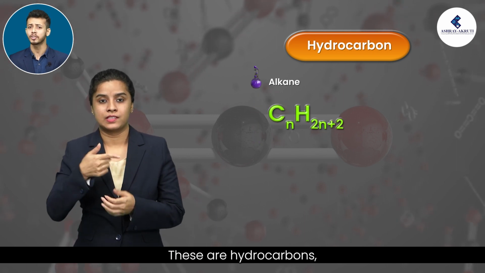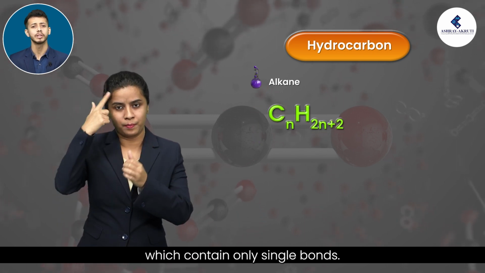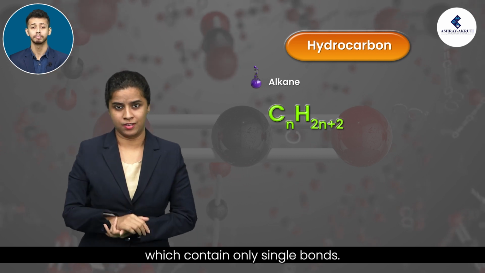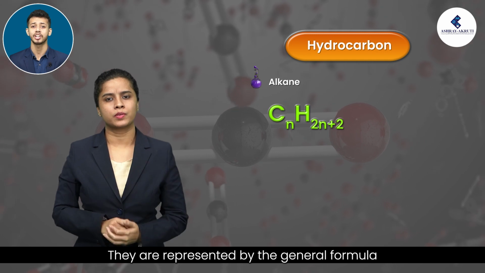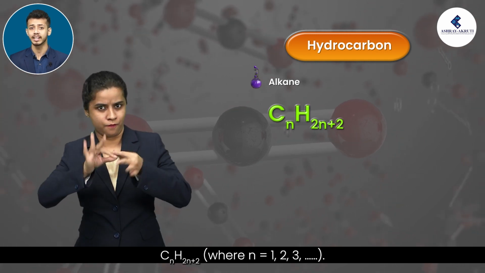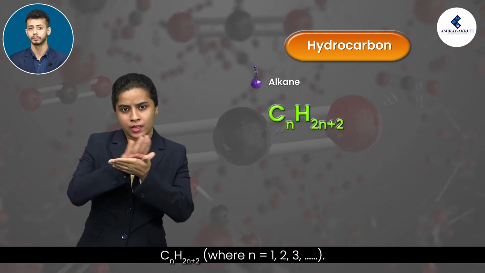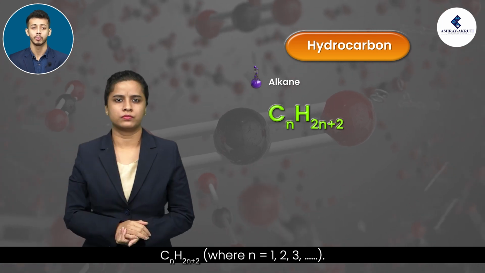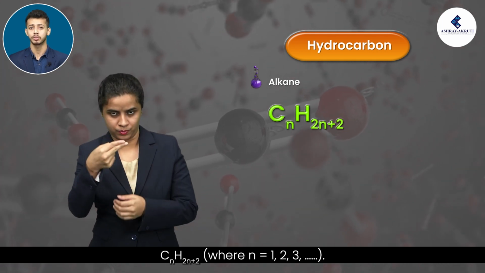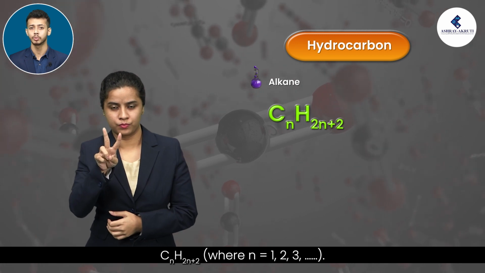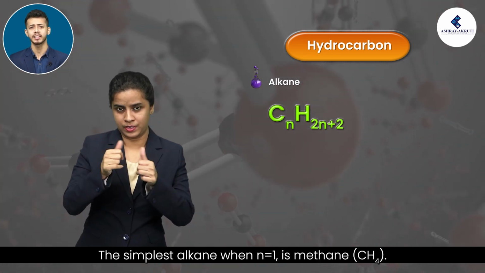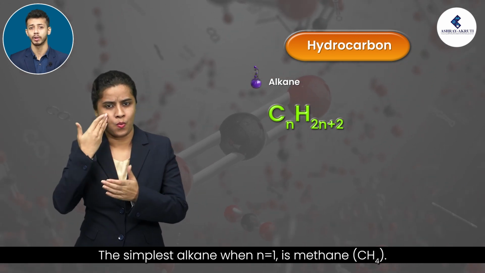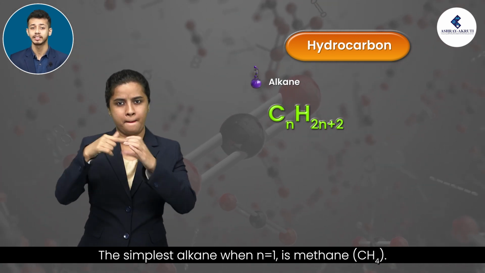Alkanes are hydrocarbons which contain only single bonds. They are represented by the general formula CnH2n+2, where n equals 1, 2, 3, and so on. The simplest alkane when n equals 1 is methane, CH4.